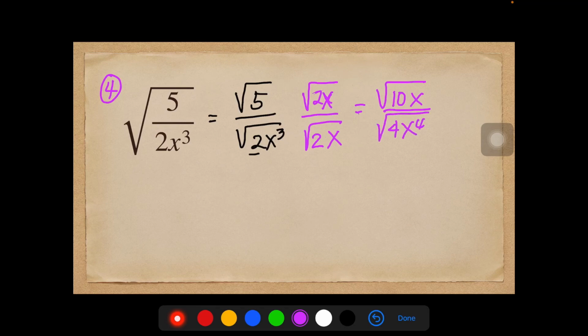And take note, this is already a perfect square number, this 4x to the fourth. That's why your answer will be square root of 10x over 2x squared.